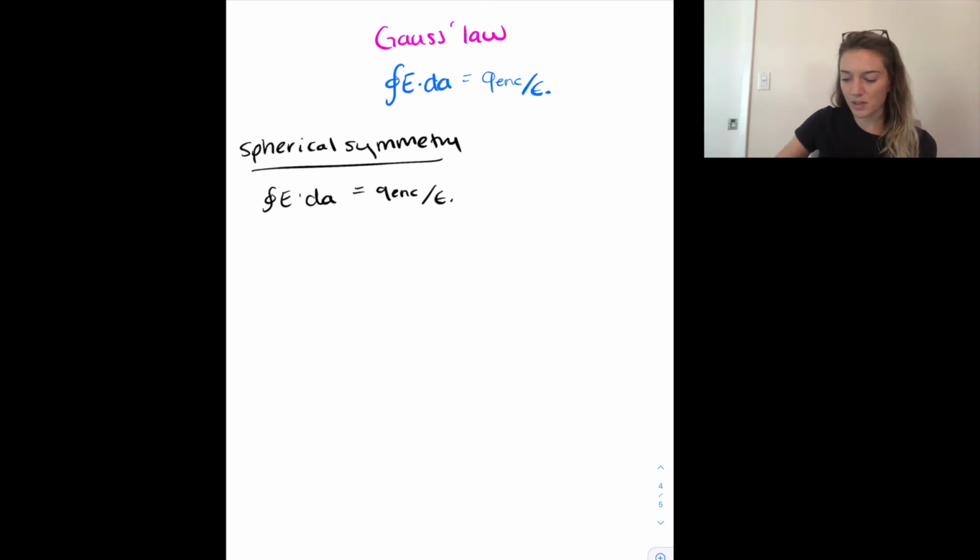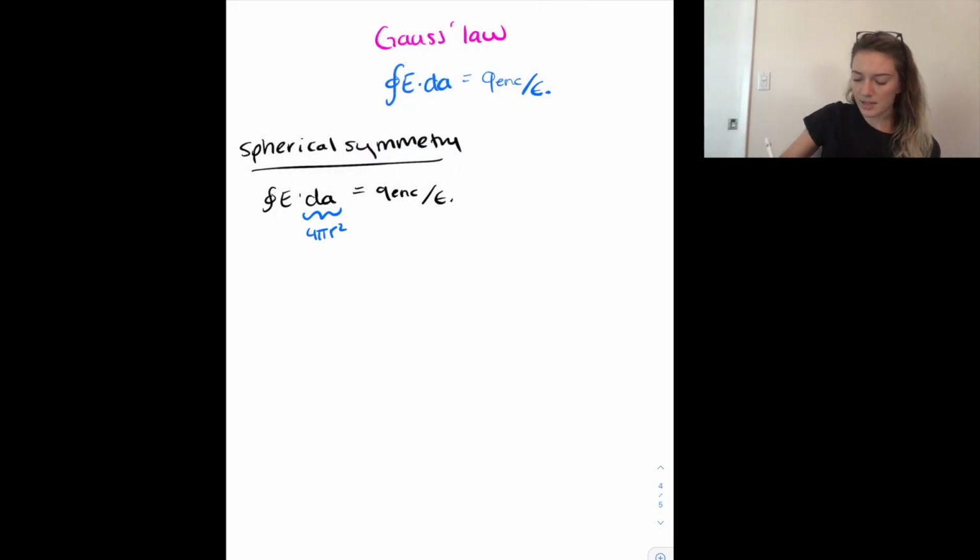So in the case of spherical symmetry, your integral of dA here will be 4 pi r squared. It's going to be the surface area of a sphere, since when we're doing Gauss's law in spherical symmetry, we want to choose a sphere to integrate over. So this is the surface area of a sphere. This is something you should also memorize. Memorizing the surface area of a sphere, the volume of a sphere, things like that are all very important.